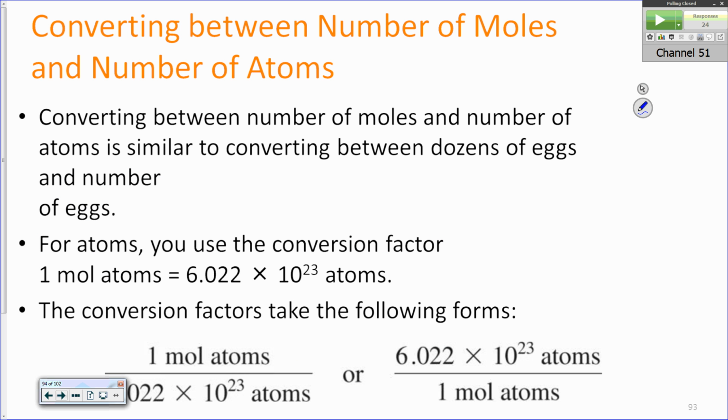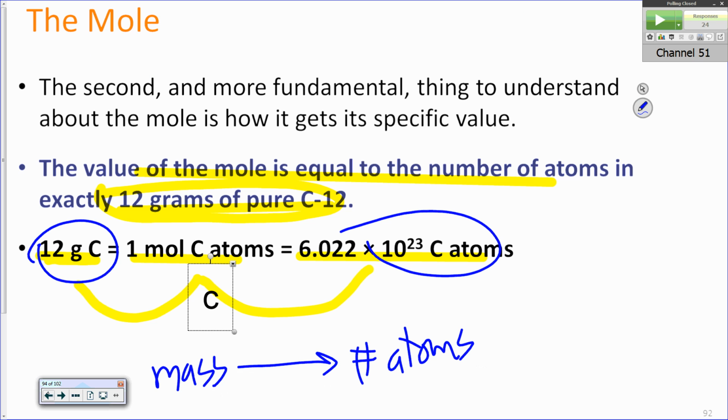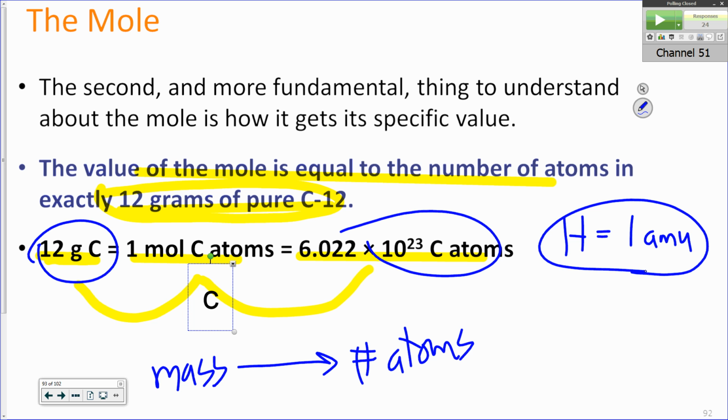Now I'll just give you a brief history on why they chose these particular numbers. Originally, Dalton said hydrogen is equal to 1 atomic mass unit, the lightest element. And that's what they went with first. But Dalton didn't realize that hydrogen exists in multiple forms.